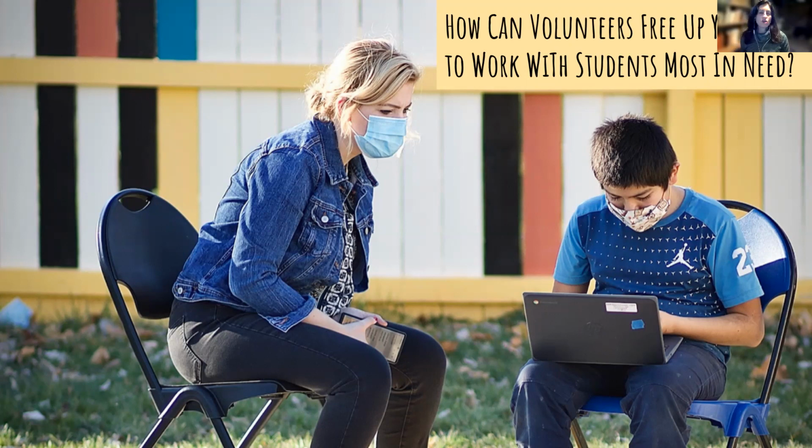We know that volunteers are coming from all sorts of experience levels, so you want to keep that in mind when you're thinking about how to place that volunteer. But absolutely think about how those volunteers can serve you and your students in the best way possible by allowing you to focus your time and energy and your trained support staff's time and energy on students that need the most help, while those volunteers are able to engage other students in productive and fun ways.